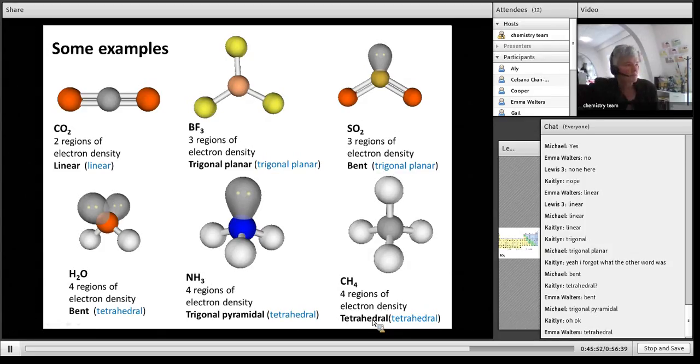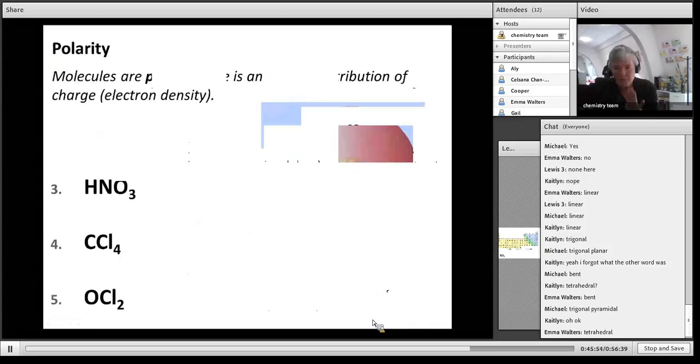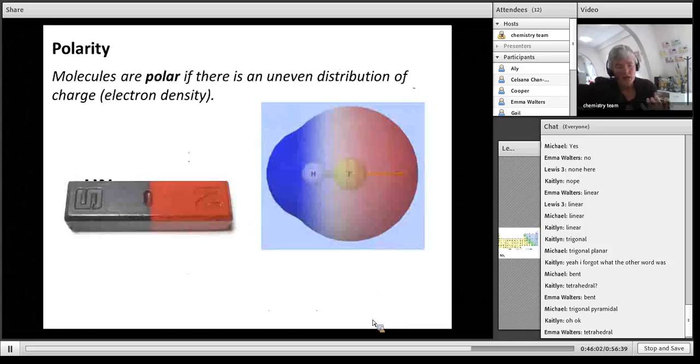Now, somebody asked about polarity in the beginning. So, what is it? A molecule is polar if there is a difference in the distribution of charge around the central atom. In other words, one side is a bit more negative and the other side is a bit more positive.